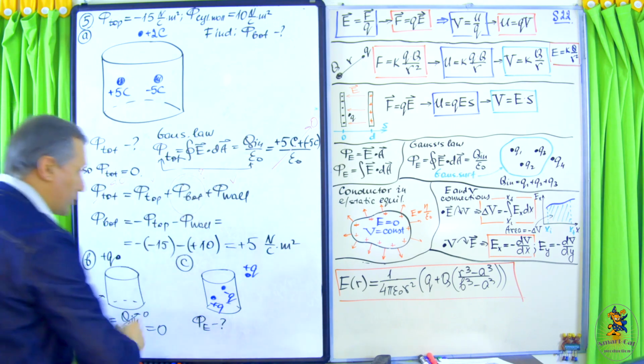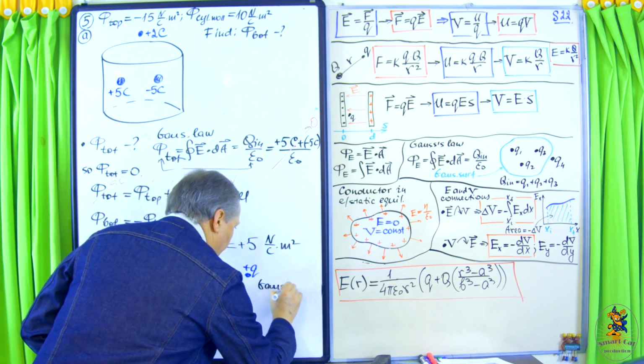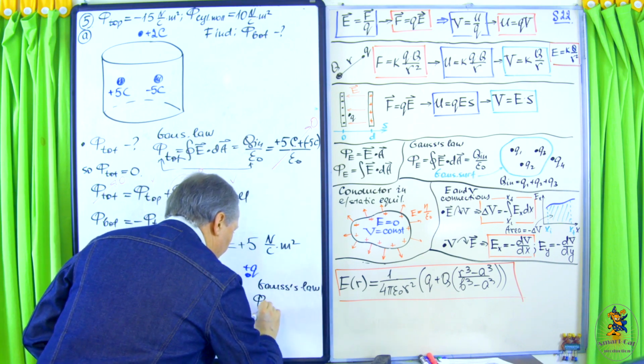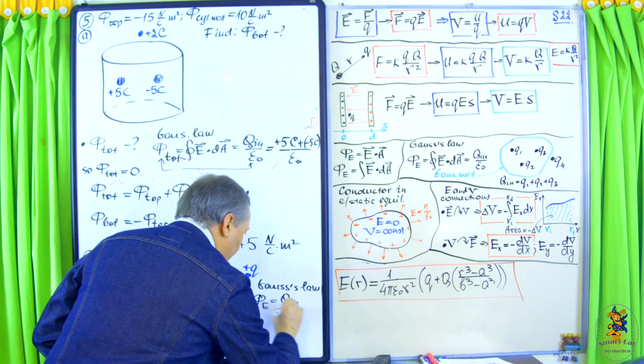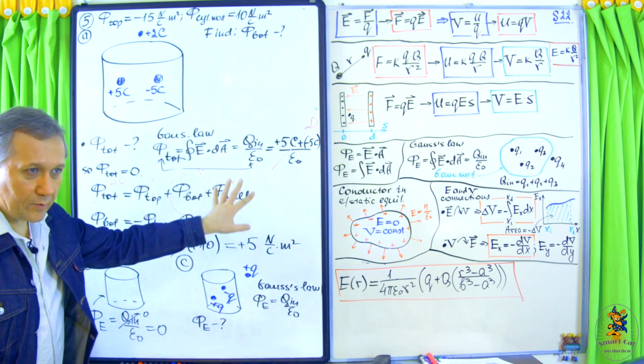According to Gauss's law, flux equals Q enclosed over epsilon naught. This outside charge is not enclosed, forget about that.